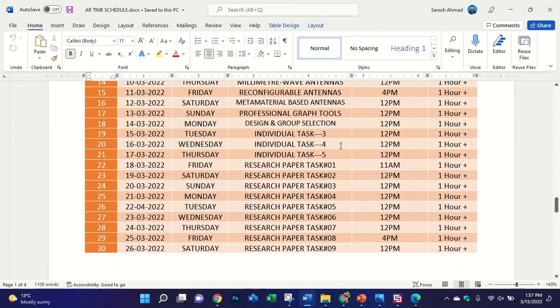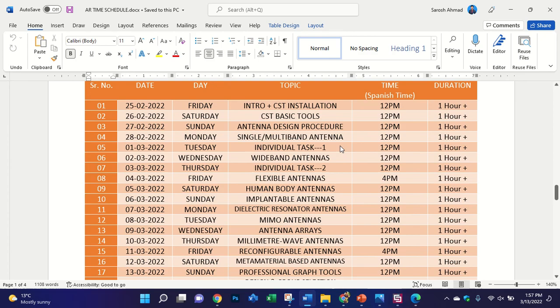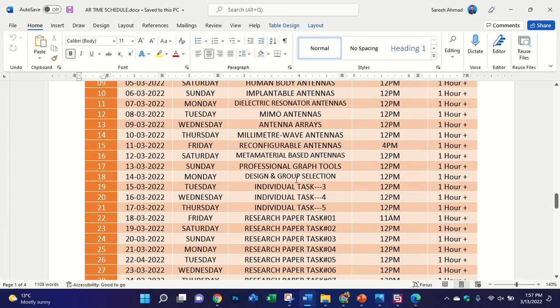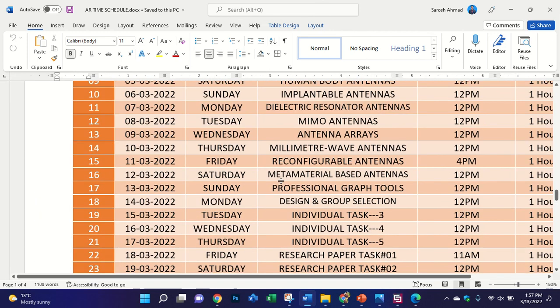From tomorrow I will discuss every software, okay, because tomorrow we need to finish only the tools. This is the updated schedule. I will share it again, okay. Tomorrow we will discuss the professional graph tools, okay.